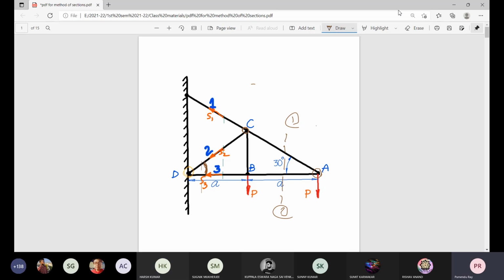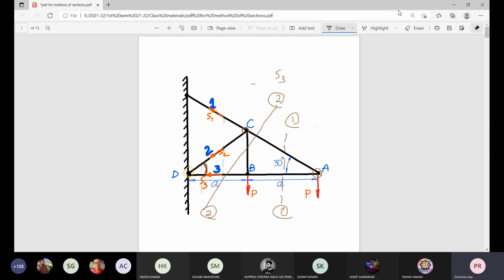You get only these two members, AB and AC. It is something like the method of joints. Now, if we consider this plane 2, it cuts only the unknown member force required to be determined, that is 3. So only S3 can be determined.